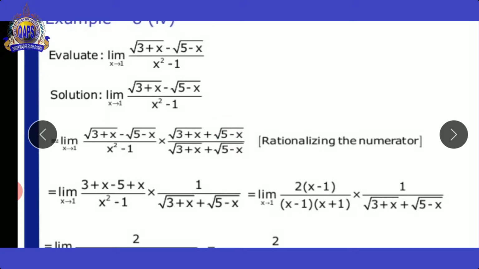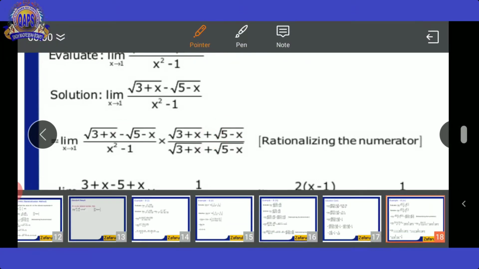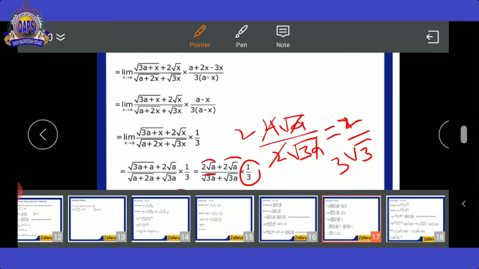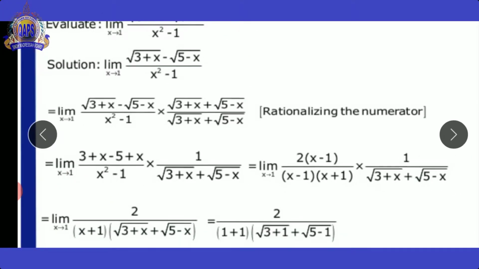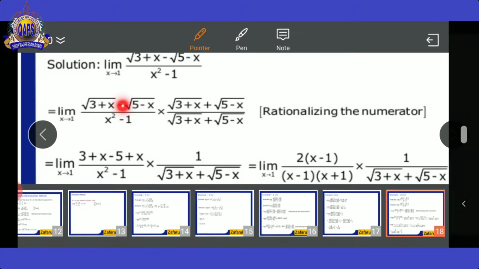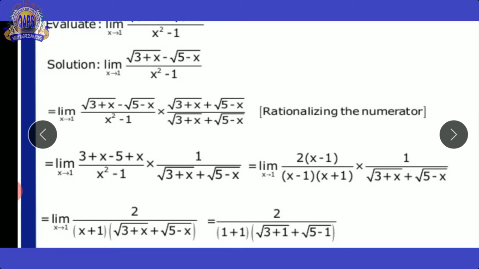When we apply the square of both terms, minus plus minus, same here, and here 5 minus x whole square, the radical and the square will cancel, then minus 5, and minus into minus plus x, then x plus x is equal to 2x, and minus 5 plus 3 is equal to minus 2, and then 2 is common from both terms.